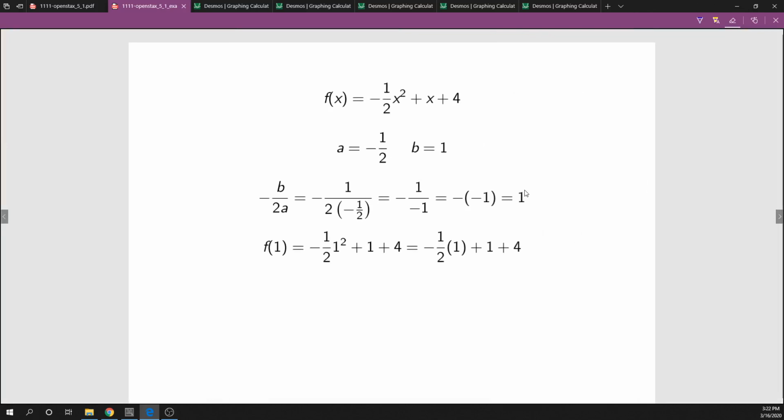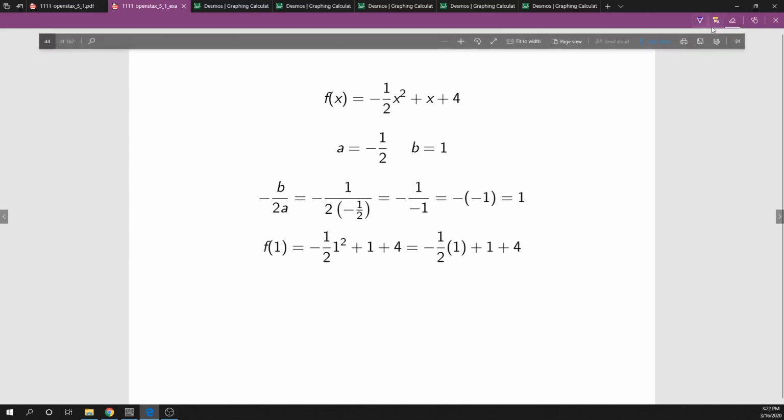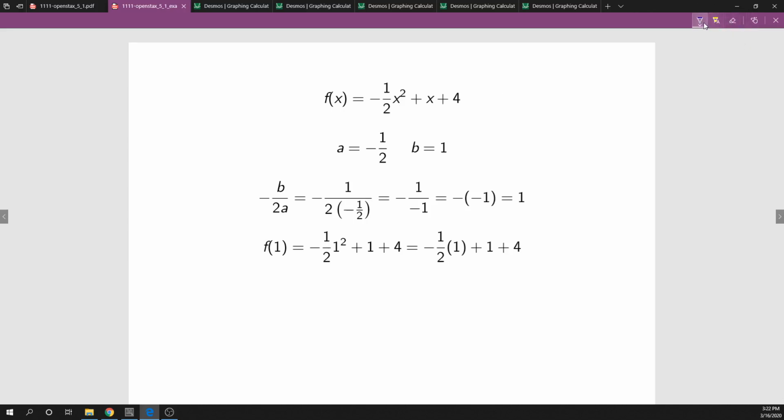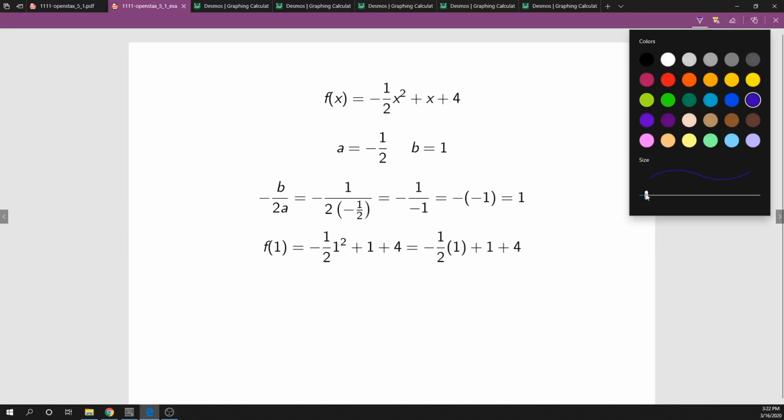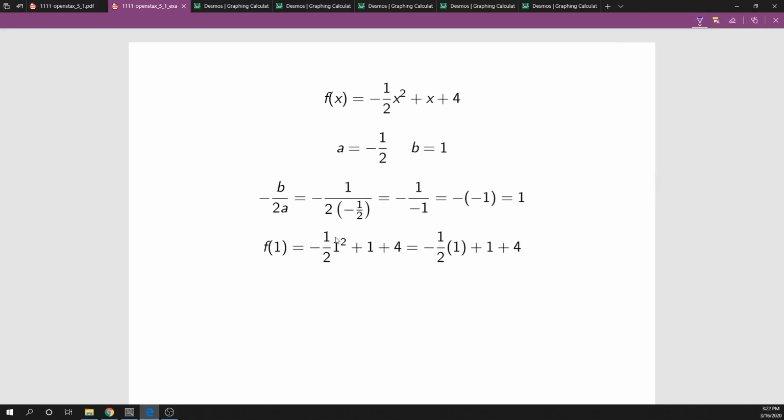Next, I'm going to take the 1 and plug it into the original, so find f of 1, because that will give me the y value that corresponds to this x value, and that's what I want. Taking that 1 and plugging it in for x, I'll have negative a half times 1 squared, plus 1 plus 4.